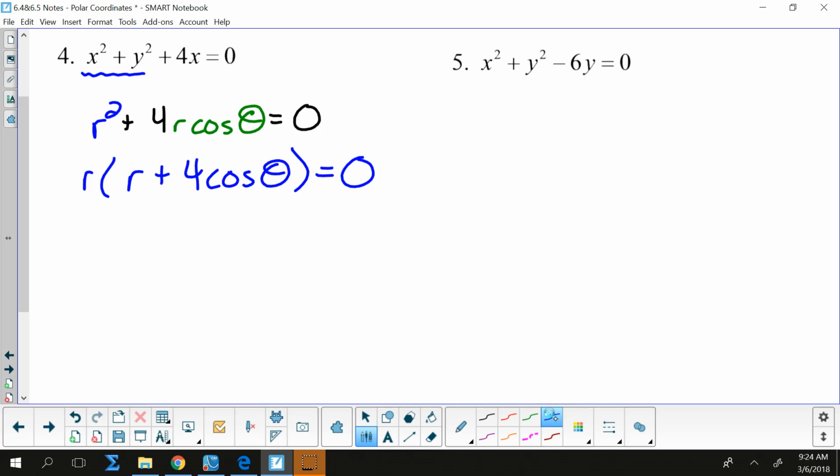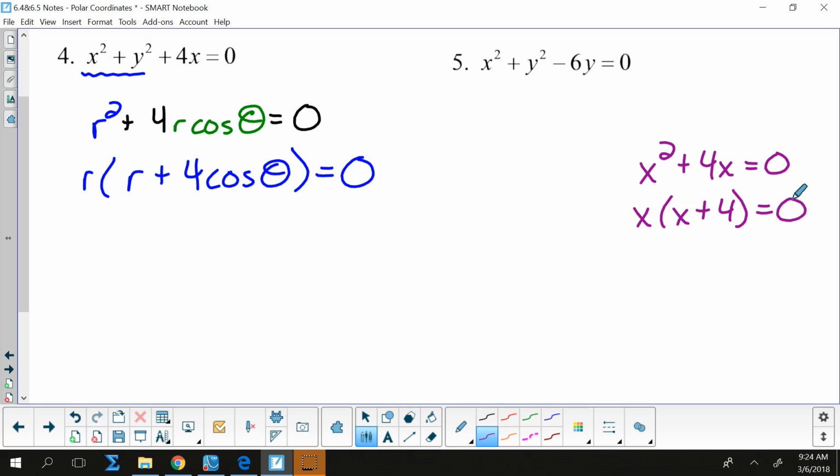Okay. Side note, if I had x squared plus 4x equal to 0, you would factor out an x. Then what would you do? Set what equal to 0?